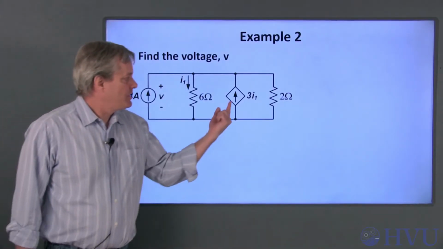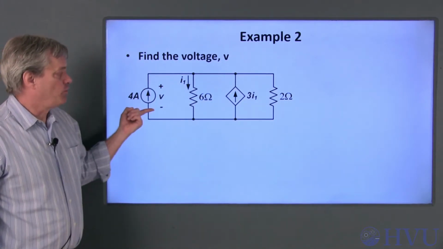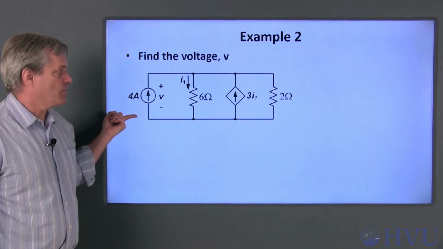In this circuit, which contains a current-controlled current source, I want to find this voltage V across the 4 amp source.